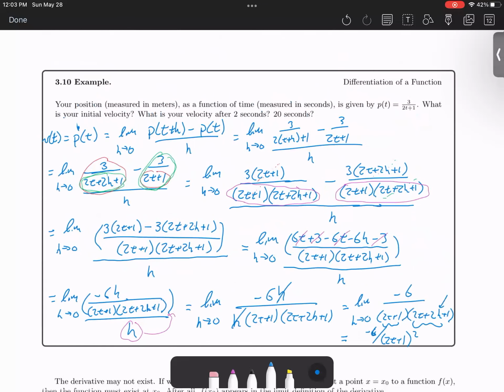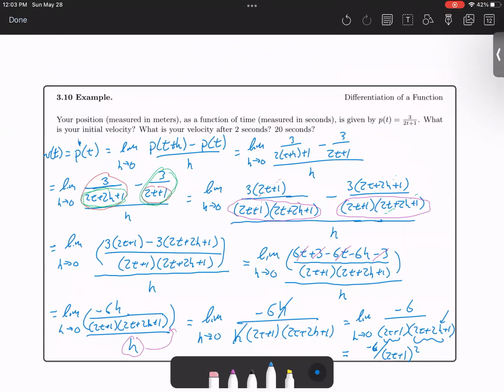So let's just clean that up a little bit. Your velocity as a function of time is equal to minus 6 over 2t plus 1 squared. And now that you have your velocity function, you can evaluate it at any point that you want.